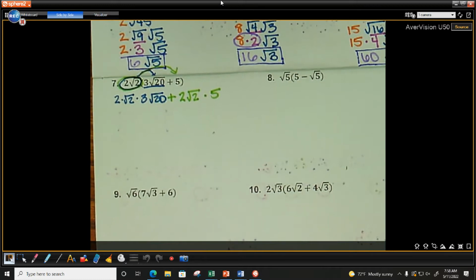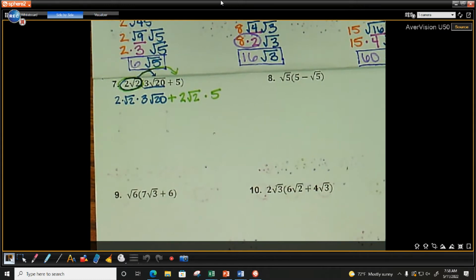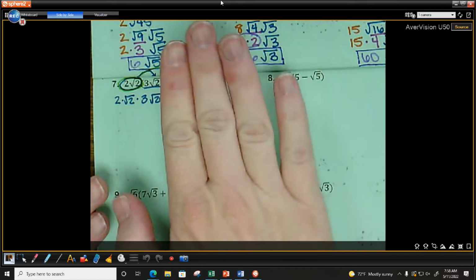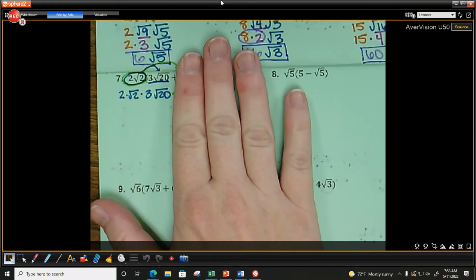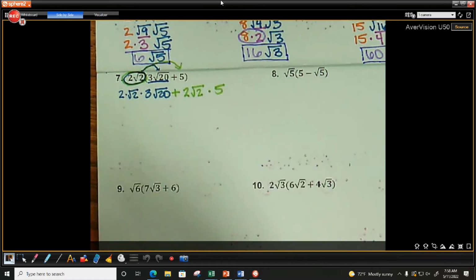So now in this problem, we are following our multiplication rules that we just learned, but we're also going to have to follow our addition rules that we learned last class. What I'm going to do is pretend this second piece isn't even there, and I'm just going to worry about the 2 root 2 times 3 root 20. Okay? So, outside times outside.